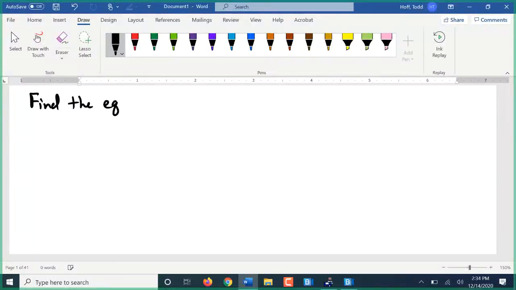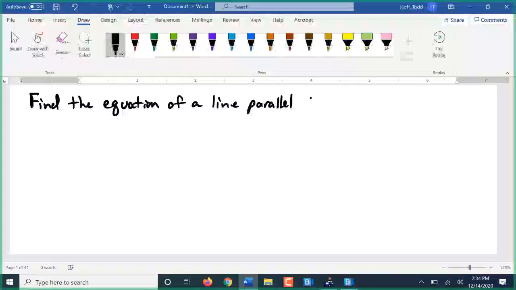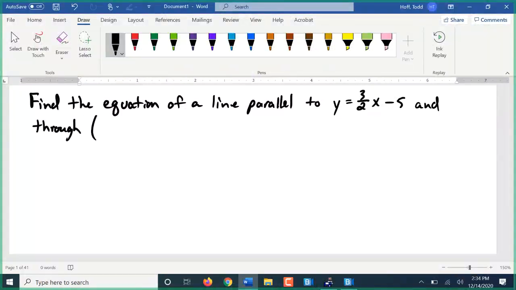Find the equation of a line parallel to y equals 3/2 x minus 5, and through the point 6, 1.